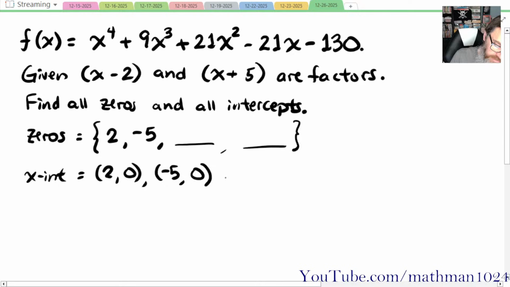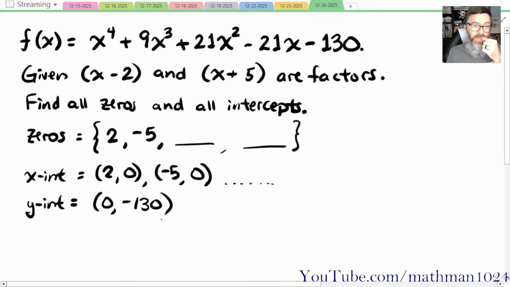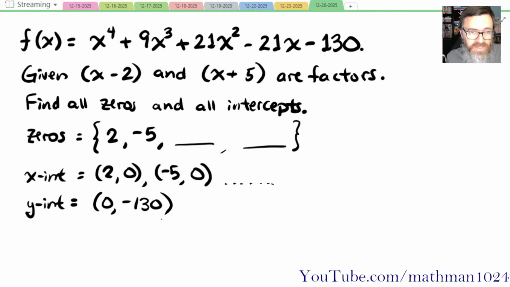So, who knows what's going to be the rest of this? Now, the y-intercept, we can go ahead and find that. So it's going to be 0, comma, negative 130. Because if you plug 0 in for all those x's, the only thing that's going to be left is the negative 130 there at the end.